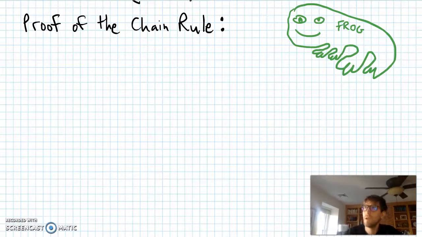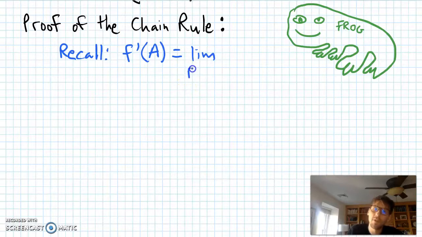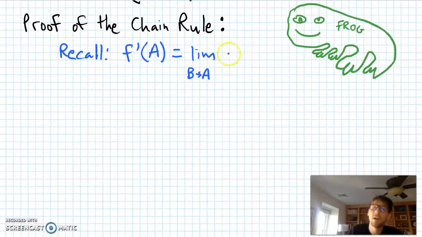So for this proof of the chain rule, we're going to use the limit definition of the derivative. If we recall, f prime of a is equal to the limit as b approaches a of f of b minus f of a all over b minus a.